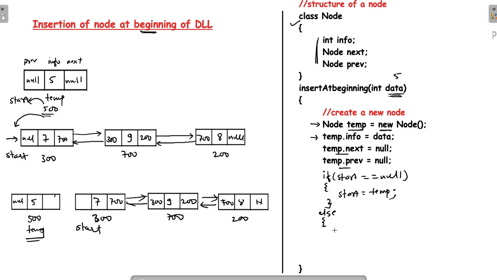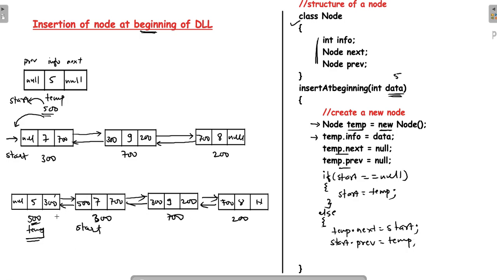Temporary's next field means this one, and the address of start is 300, so you write 300 here. Now this is connected. And in the previous field of start, the current start is 300, in 300's previous field we want to put the address of temporary. Here you want to put the address of temporary, that is 500.